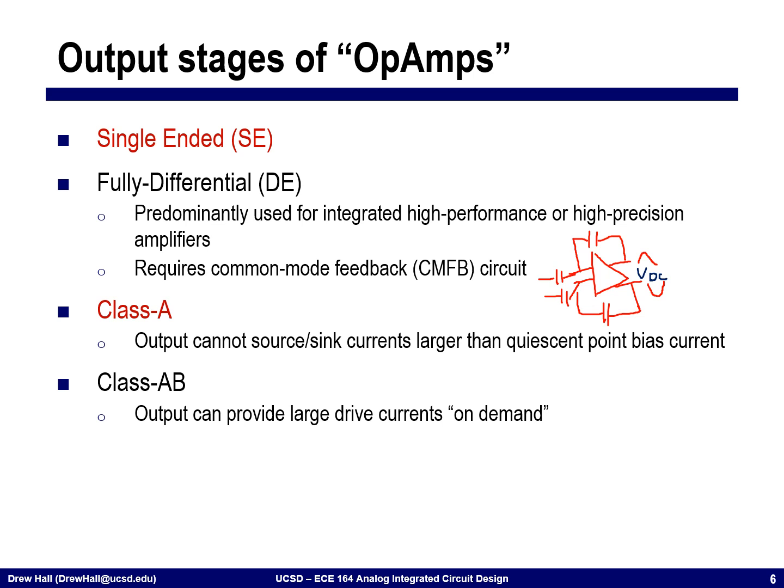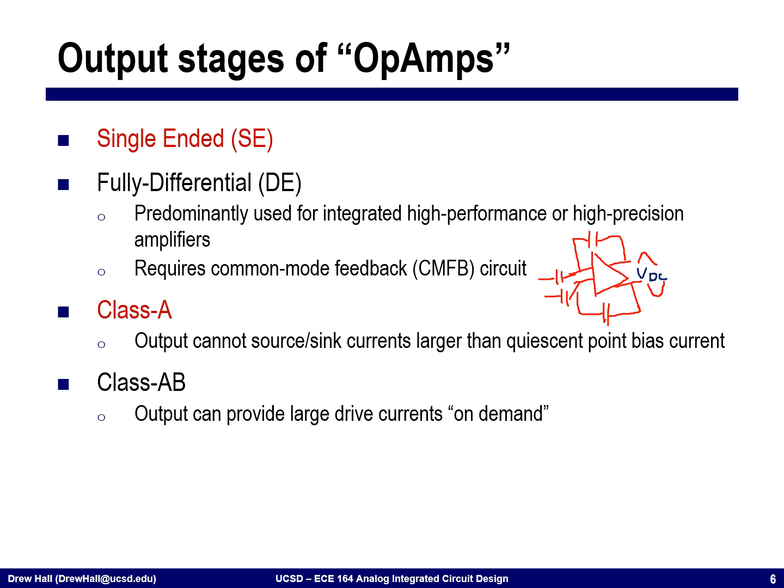In terms of output stages, there's many ways of doing this. The simplest, I would say, is what's called Class A. Class A amplifiers or output stages can only source or sink currents up to the quiescent bias point.